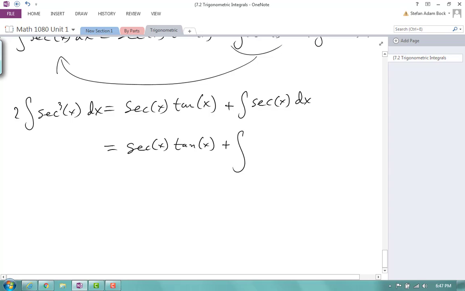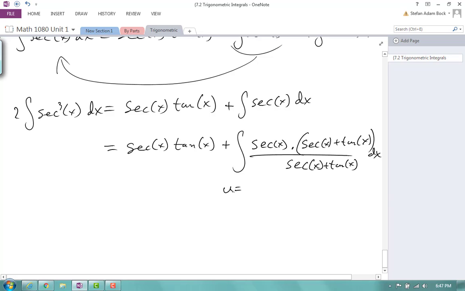So this is the same as the integral of secant of x times secant of x plus tangent of x, divided by secant of x plus tangent of x dx.